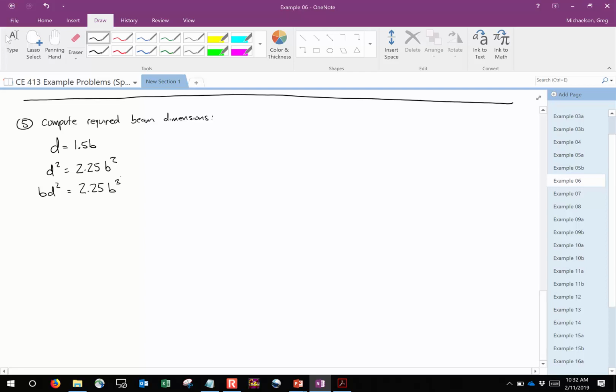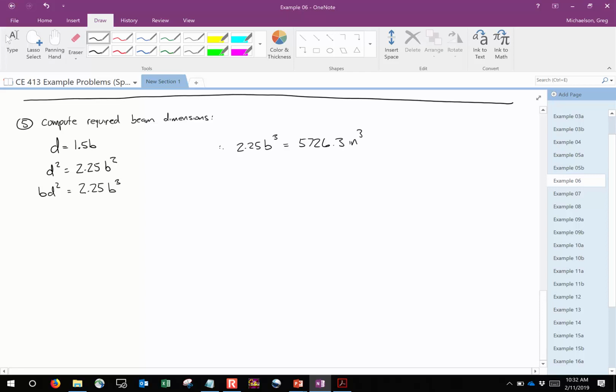So why is that relevant? Well, we have a limit on BD squared, right? And what was that limit? It was 5726.3. So I propose then that 2.25 times B cubed has got to equal 5726.3 cubic inches.